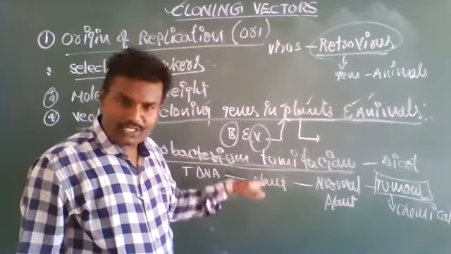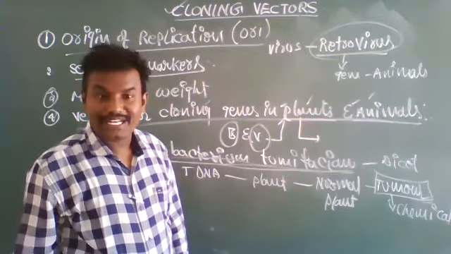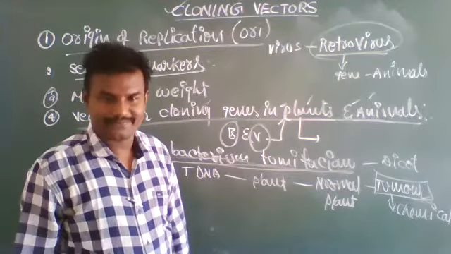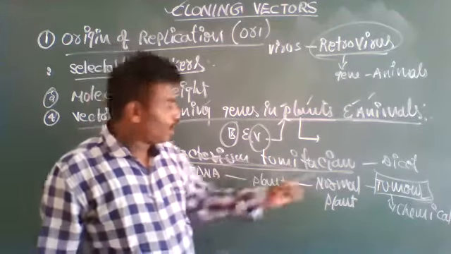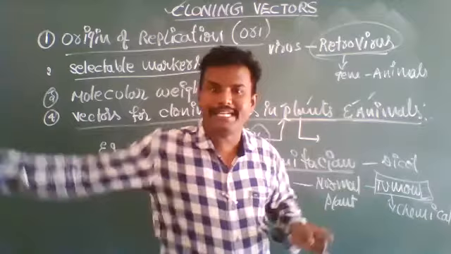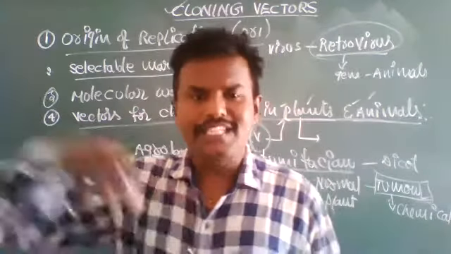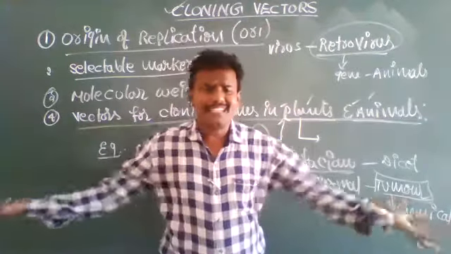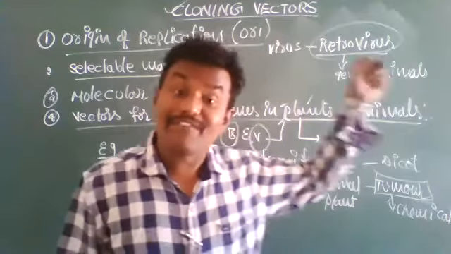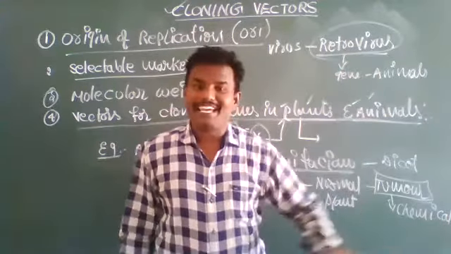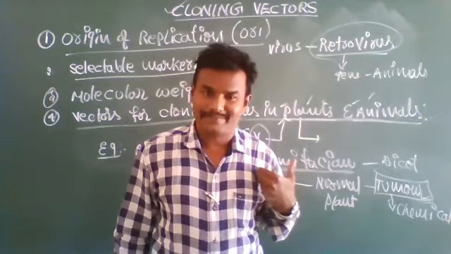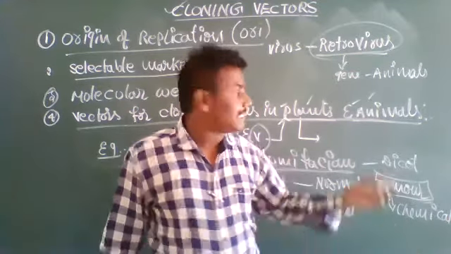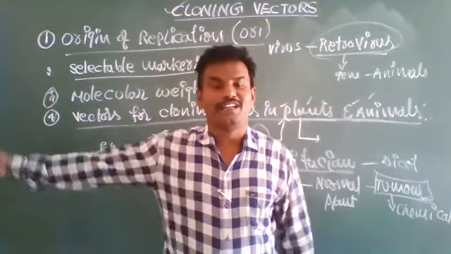Agrobacterium tumefaciens' pathogenic nature is converted into non-pathogenic. The gene which synthesizes tumor cells is eliminated. If the gene is eliminated, the bacteria is non-pathogenic. It is used as a vector to multiply the gene of our interest. Those multiplied genes are transferred into different species of plants.